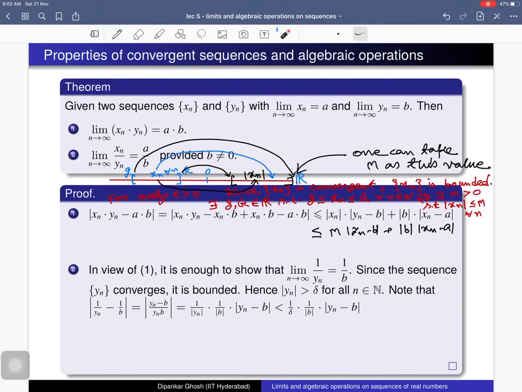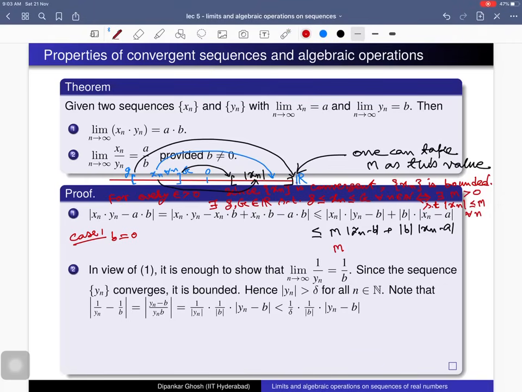Ultimately we should prove that this distance is less than epsilon. For that, again we consider these two cases. Case 1: b is 0. If b is 0, then we don't have this term, so we have only this one. In that case, since the limit of yn is b, yn satisfies the epsilon-n condition.